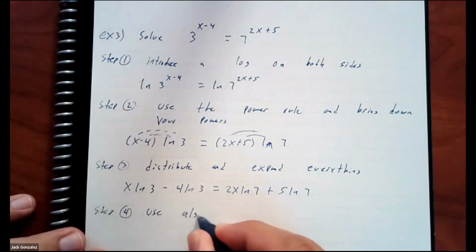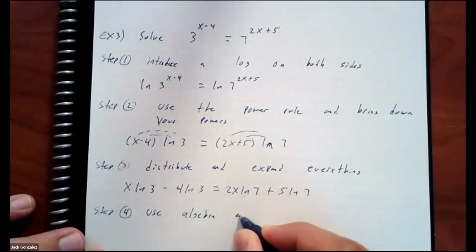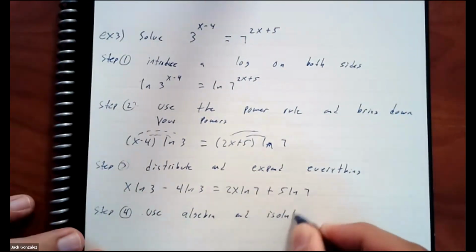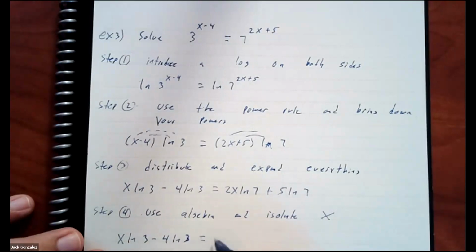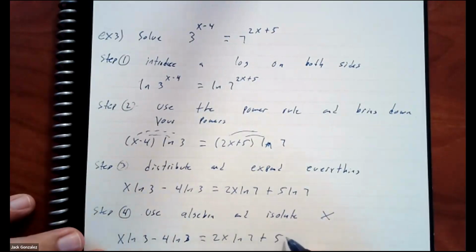Use algebra and isolate x. So right here, you're gonna subtract the 2x ln 7.